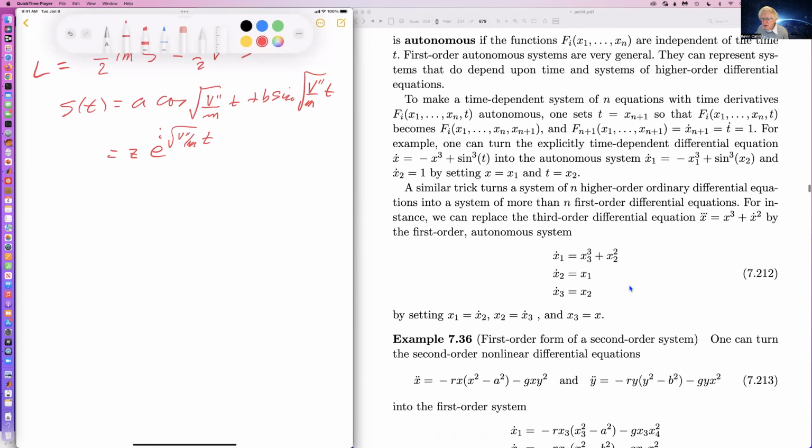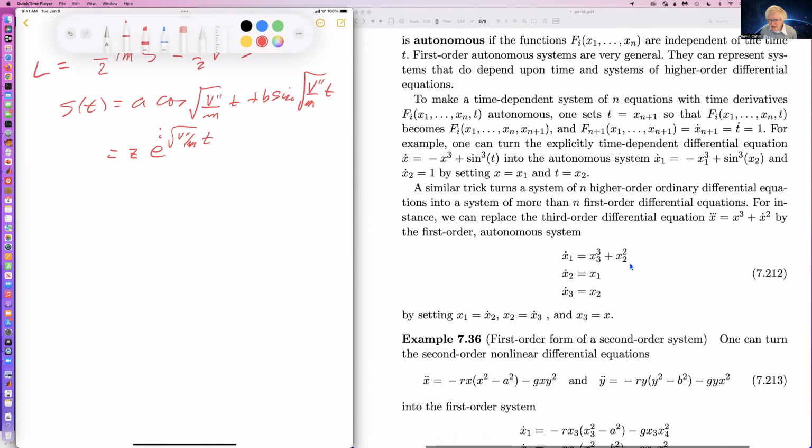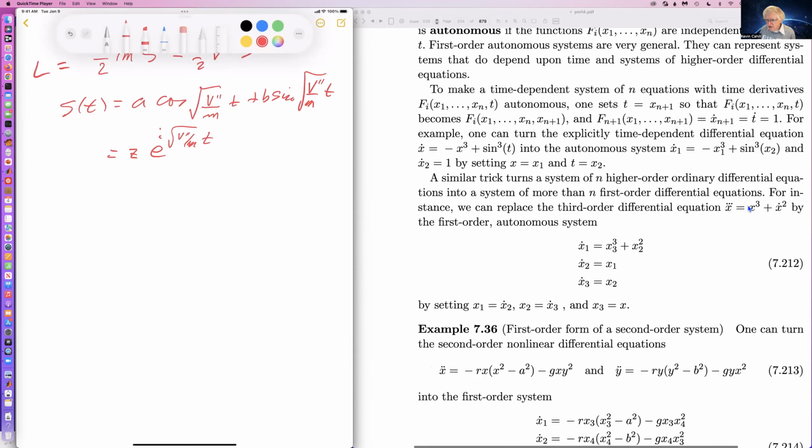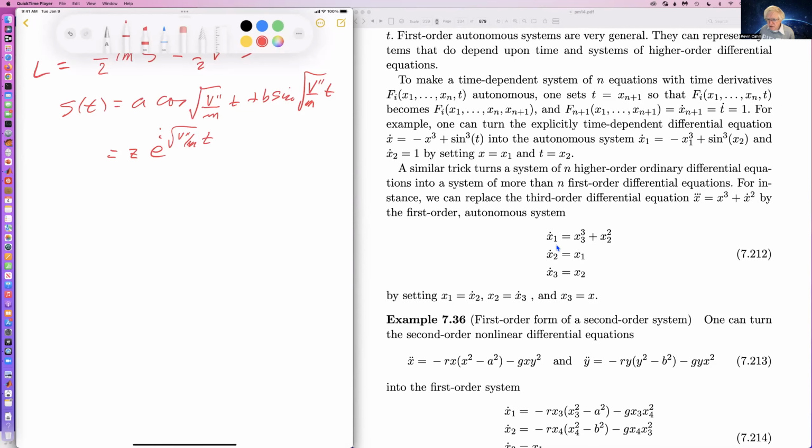And you can do the same thing by making a higher order differential equation, for example, not a first order, but a third order differential equation that's nonlinear. You can do it this way. You set x1 equal to x2 dot, x2 equal to x3 dot, and x3 equal to x. And so then your equation of this form becomes x1 dot equals, well, what is x1 dot?